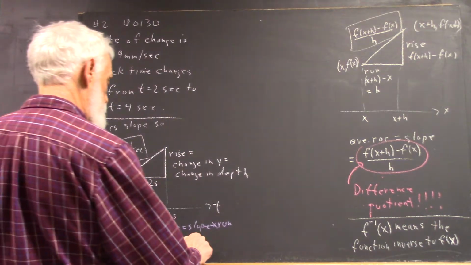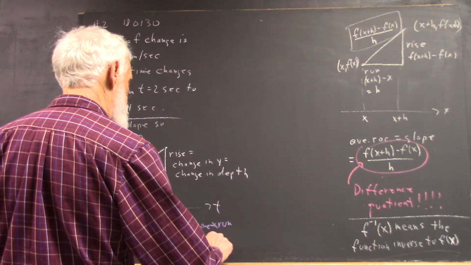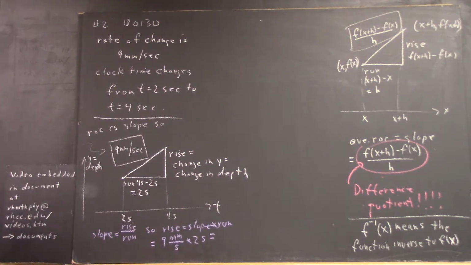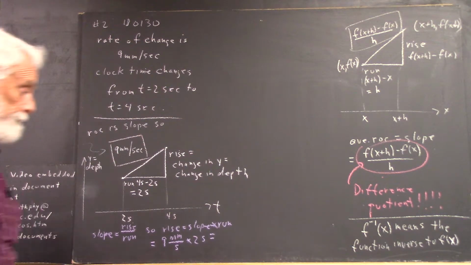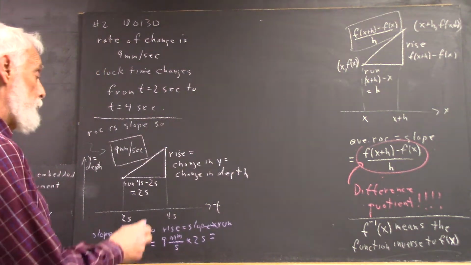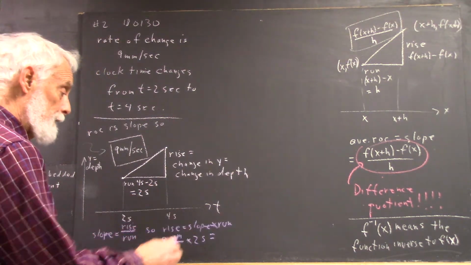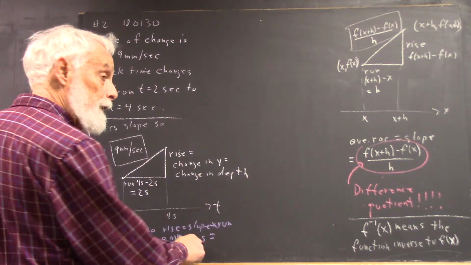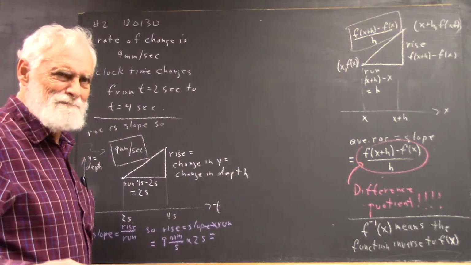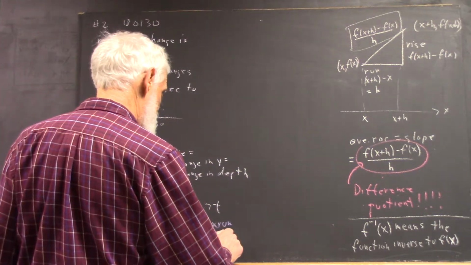times 2 seconds, right? Well, what do you get if you multiply 9 millimeters per second times 2 seconds? Well, 9 times 2, most of you understand, is 18. Very good.